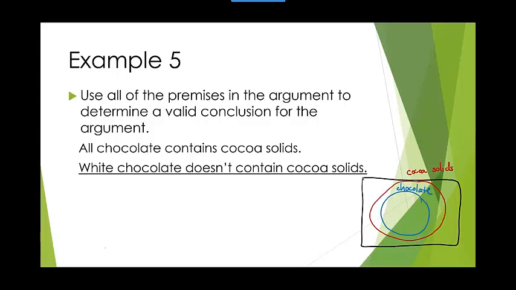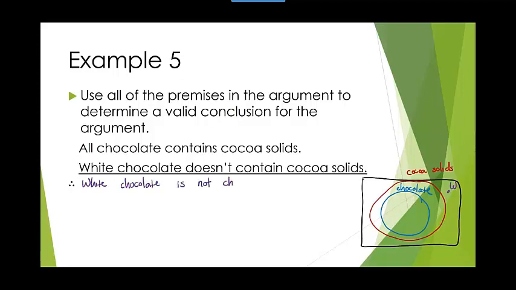And then the second sentence is that white chocolate doesn't contain cocoa solids. So if it doesn't contain cocoa solids, there's only one place it can be. It has to be outside of the red circle. So it's out here. And from this, and you probably could have figured this out without the picture, you can conclude that, therefore, white chocolate is not chocolate.